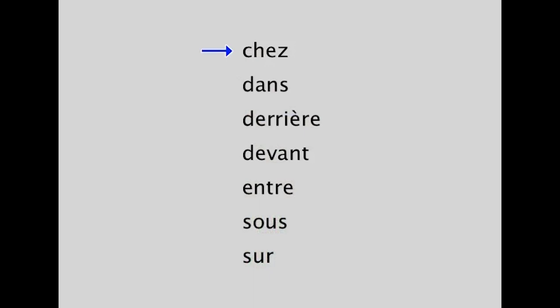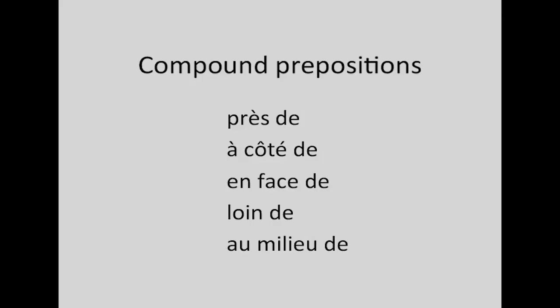Unlike chez, dans, derrière, devant, entre, sous and sur, these prepositions are composed of 2 or 3 words, and each of these prepositions ends with the word de. Près de, à côté de, en face de, loin de, au milieu de.